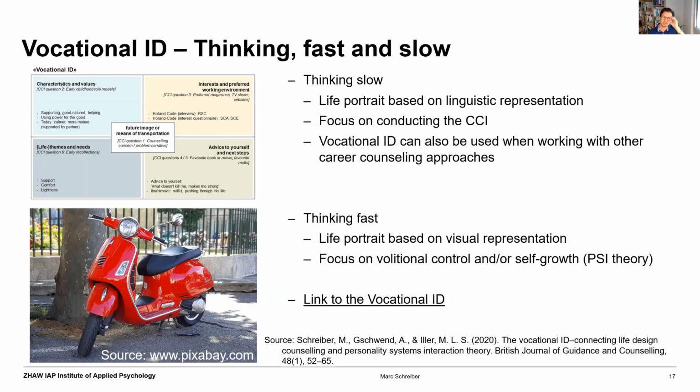Then on the other hand, we have thinking fast because we work with images, and images always address the right hemisphere of our brain. And there we can work with the PSI theory and focus on either volitional control or self-development or self-growth.